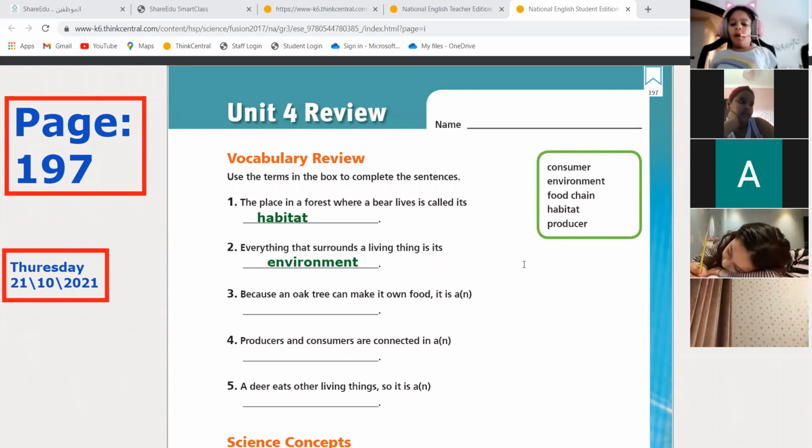All right, Lamar Amjad, number 3. Can you do number 3, please? Because an oak tree can make its own food.